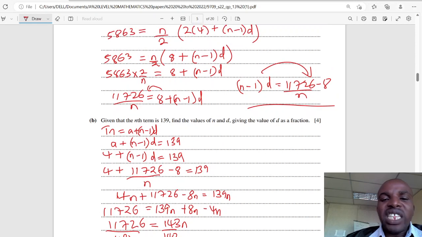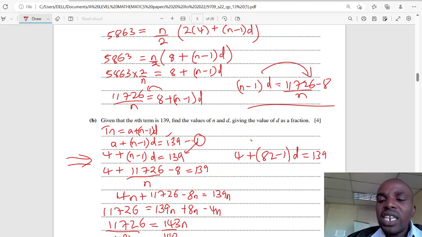Right? Then they said find the values of n and d. Now for d, you can find it from this equation. You can call it 1. So this part is where you can find d. So you say 4 plus 82 minus 1, then times d, is equal to 139. So this one will be 4 plus 81d, that's 82 minus 1, equal to 139.